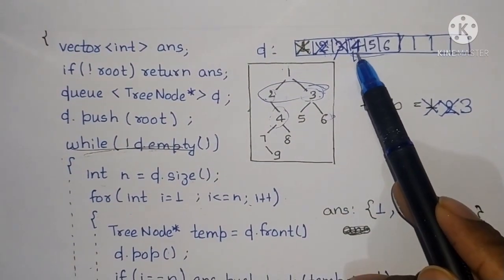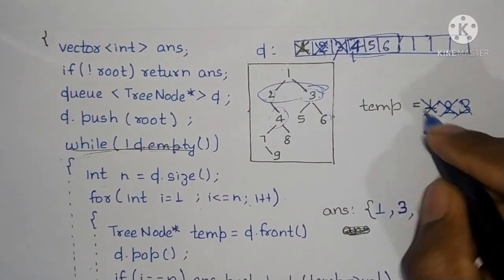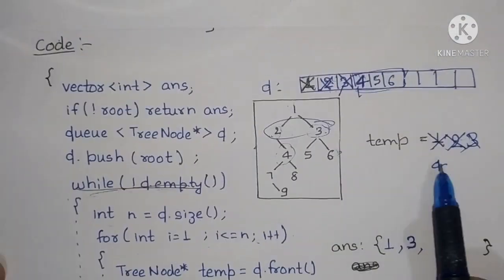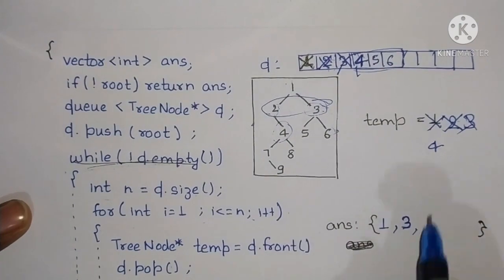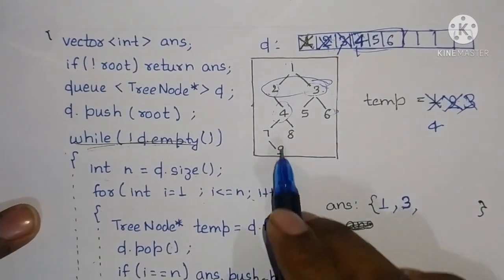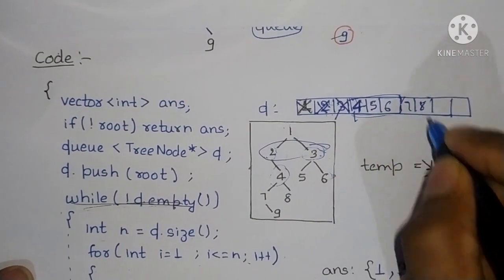So first of all temp will be 4, and the children of 4 will be pushed into the queue. The children of 4 are 7 and 8, so 7 and 8 will be pushed into the queue.